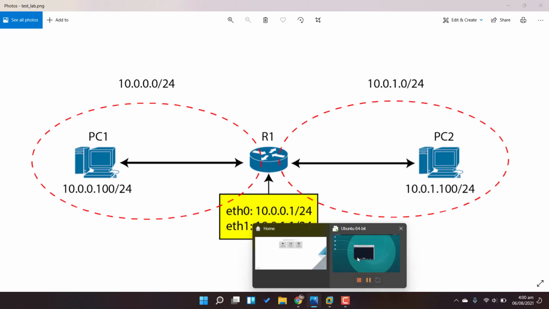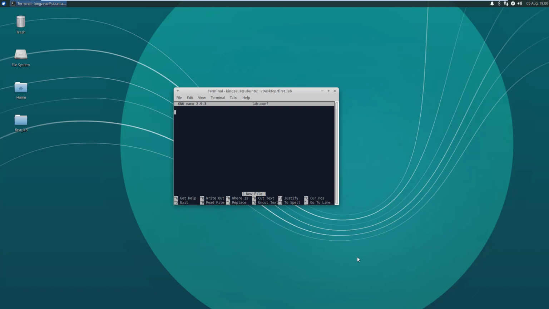Perfect. So PC1 index 0: 0 indicates the Ethernet device, so Ethernet interface 0, which is eth0. It's in domain A, and then we have R1 in the same domain.